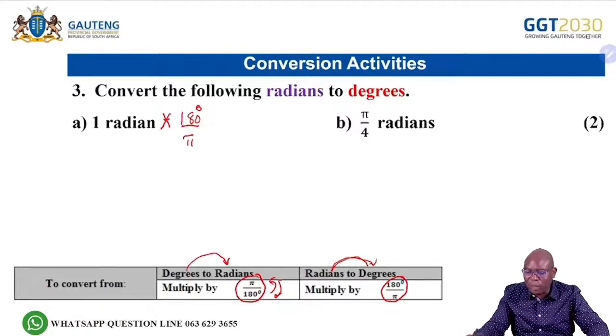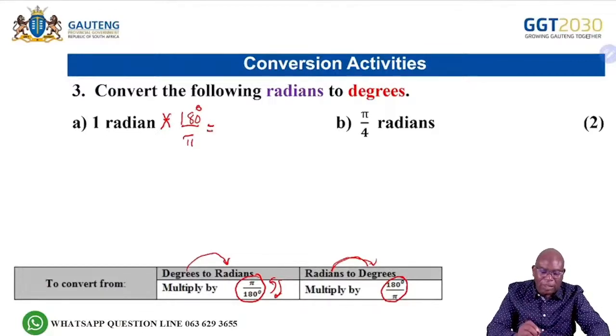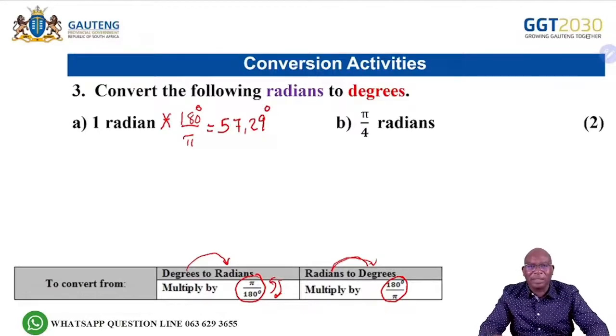If I go to my calculator and say 1 multiply by 180 degrees and I divide that by pi, then the answer that I'm going to get is 57.29 degrees. So if I want this in degrees now, I'm going to have 57.29 degrees correct to 2 decimal places.